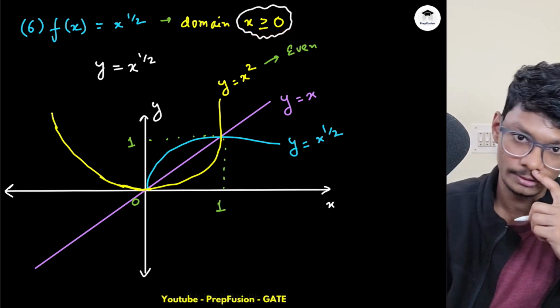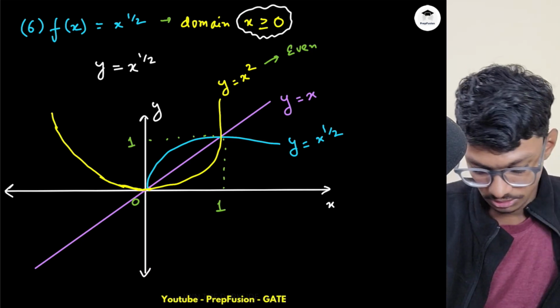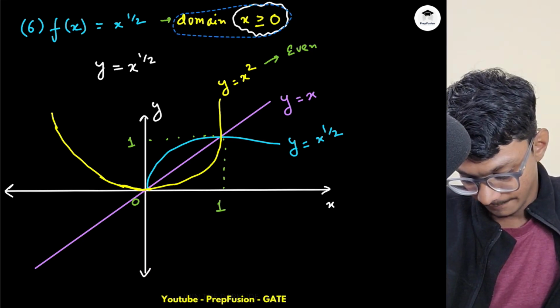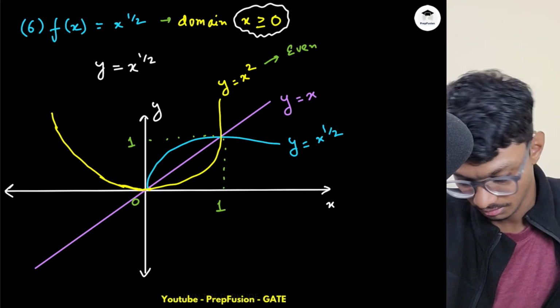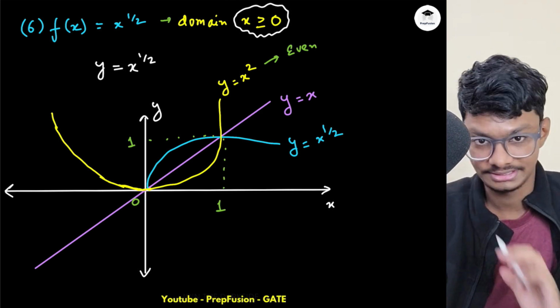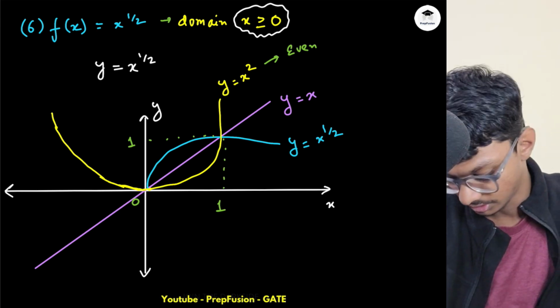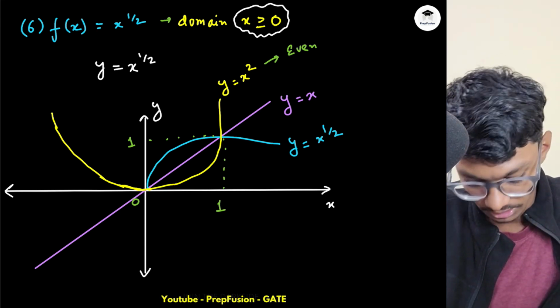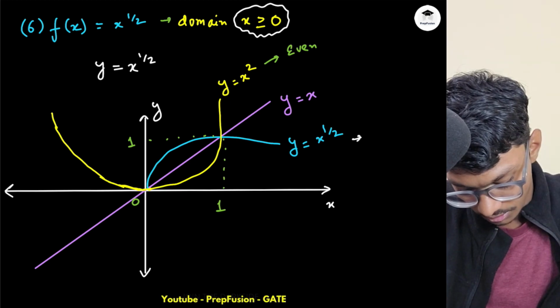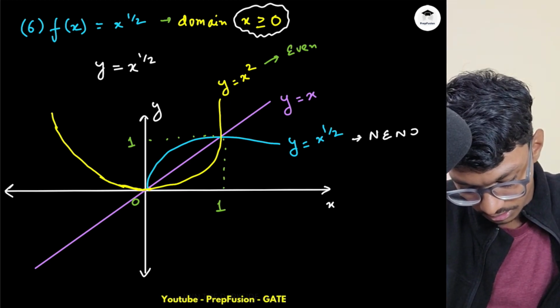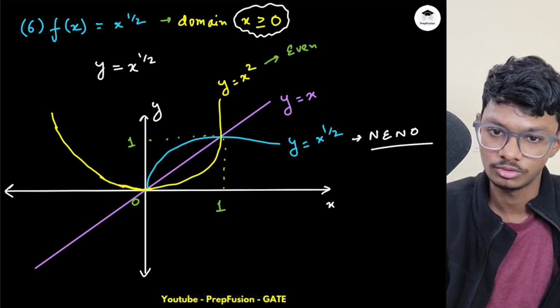So basically it is neither odd nor even. This is another example of a function that is neither even nor odd. Okay, I have got the point.